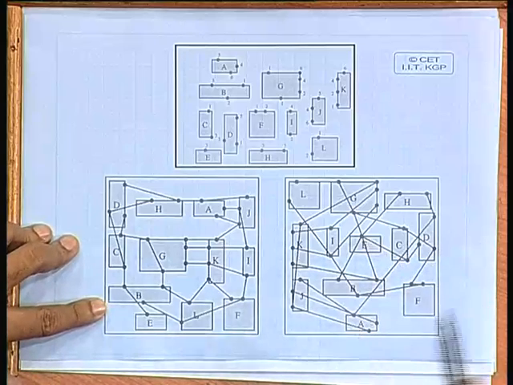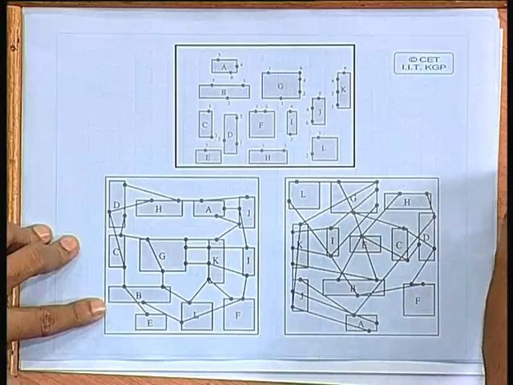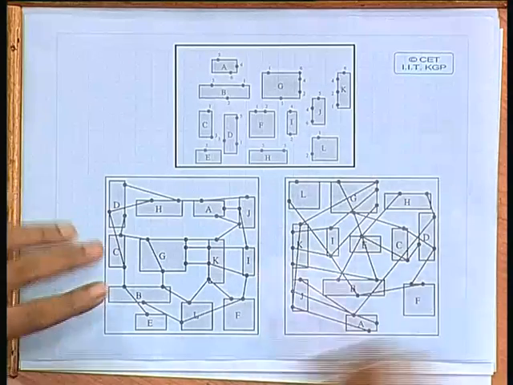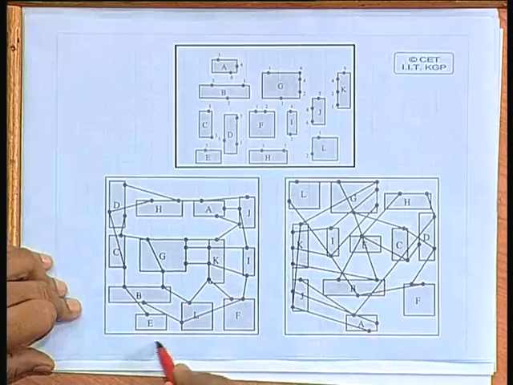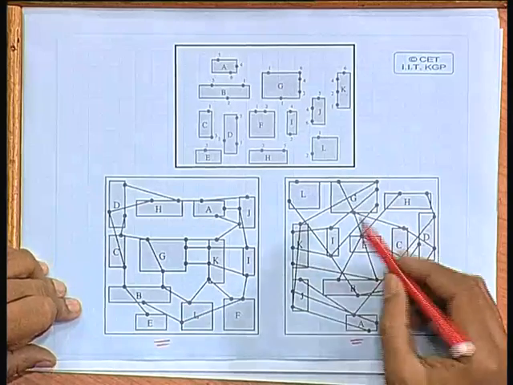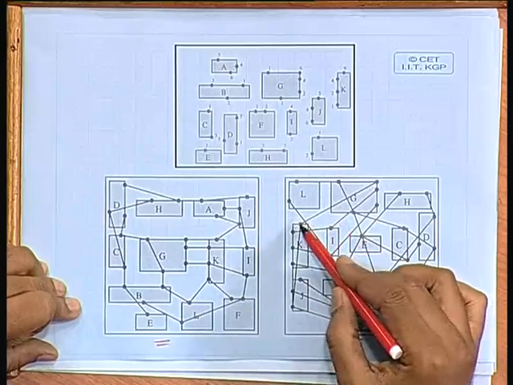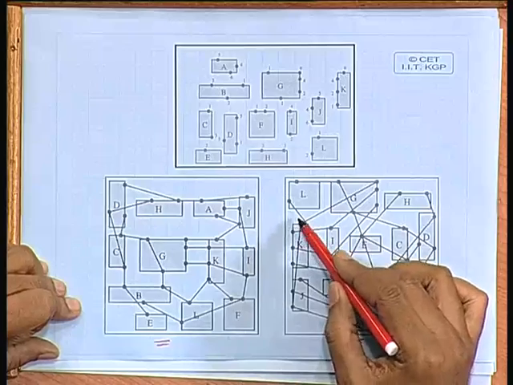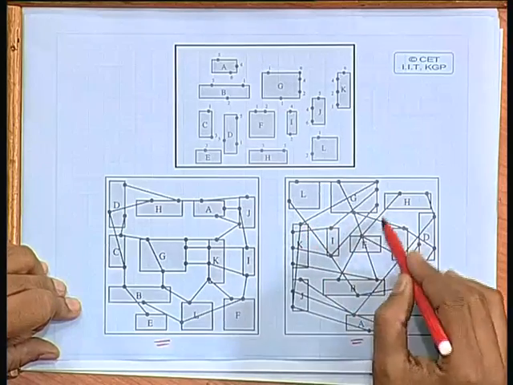One thing you note, this is typically the output of a placement algorithm, these two diagrams I am showing here. Now, you see that I am still not determining the exact path through which these nets will have to be routed.